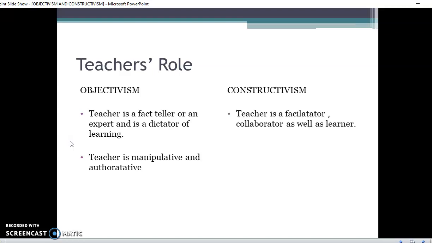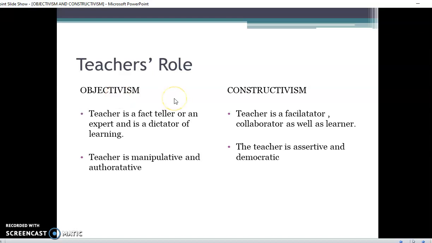And in constructivism, the teacher is a facilitator, collaborator as well as a learner. And the teacher is assertive and democratic. Only by reading, you can make out how different these two concepts are when we talk about teacher's role.